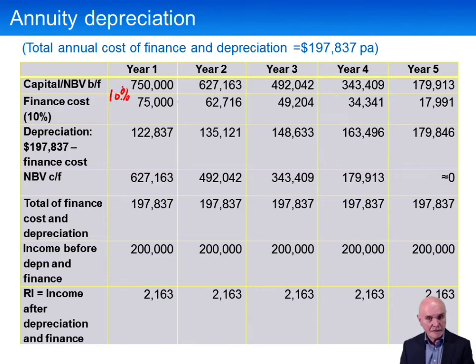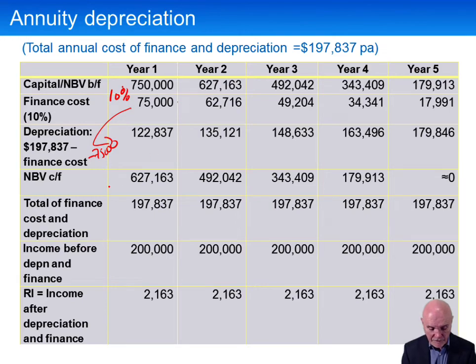That is the easy thing to do. The finance cost is always going to be 10% of your opening capital. And the depreciation is the rest of the 197,837. So if you take 197,837 and you take off the 75,000, you'll end up with that.